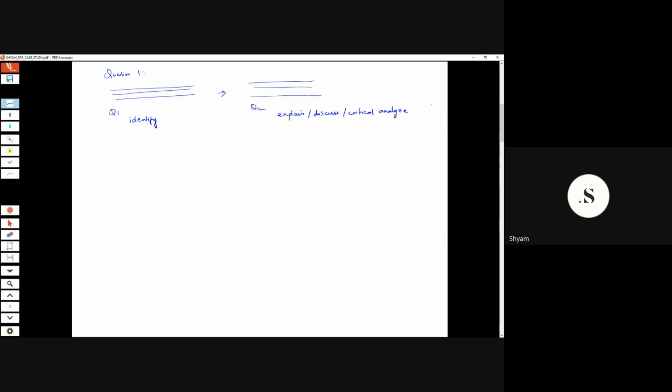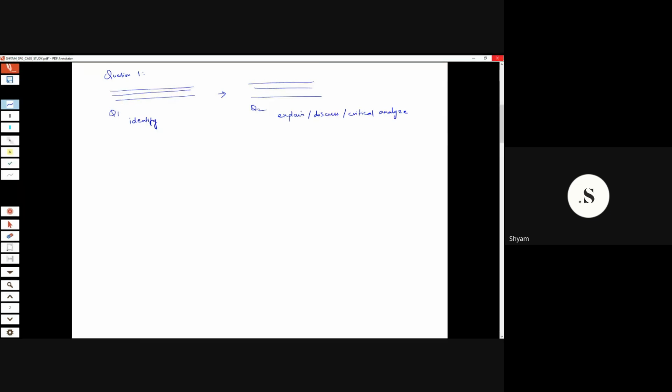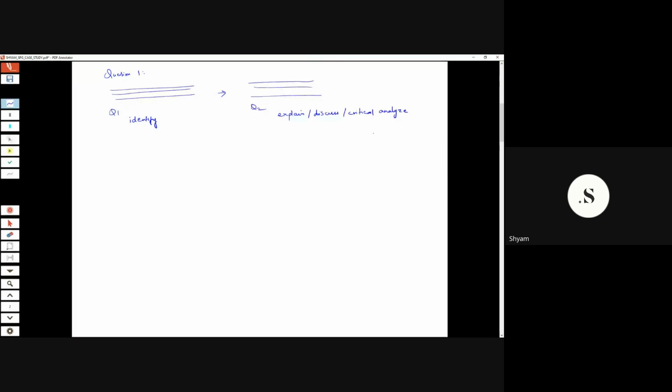So each of these terms has a different connotation. Depending upon the given term, you would be answering the questions there. Of course, a word limit would be specified for each question. So please make note of it before proceeding to the next step.